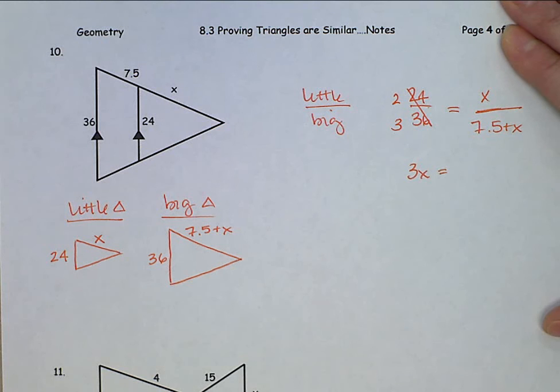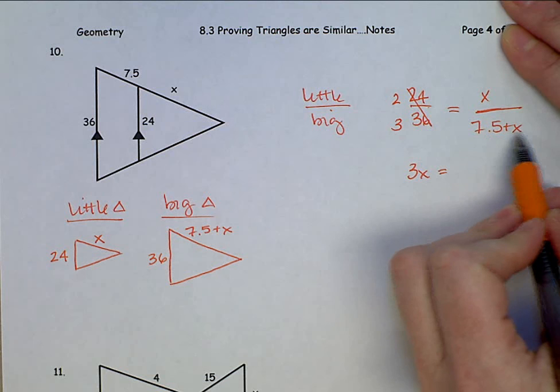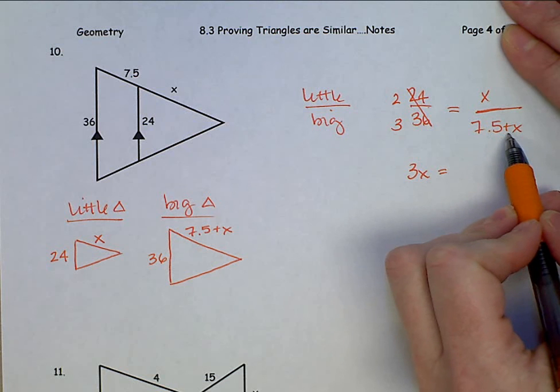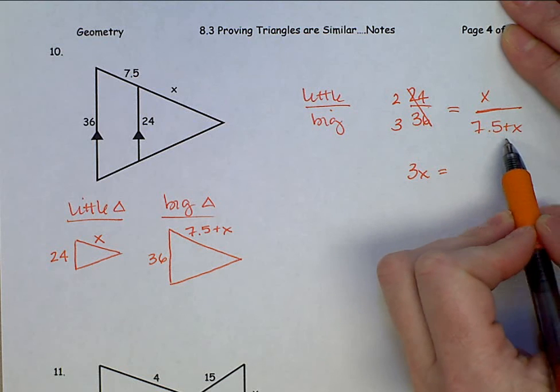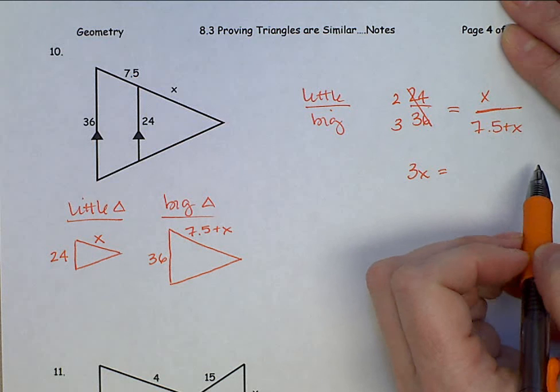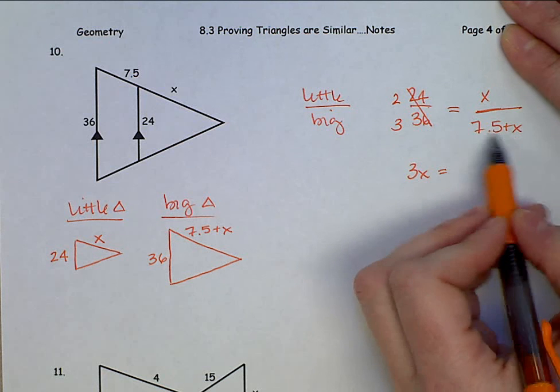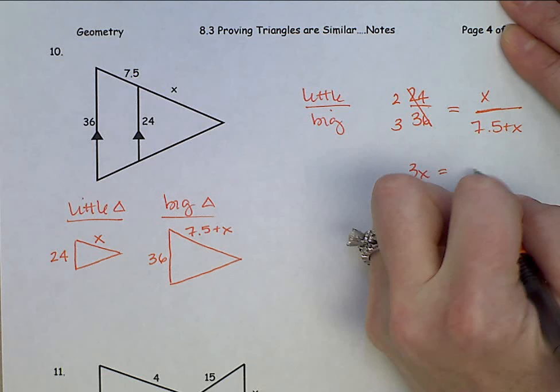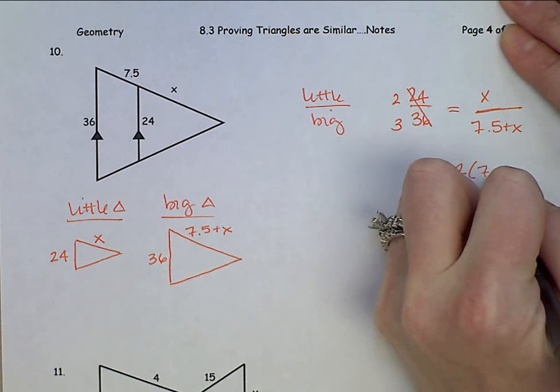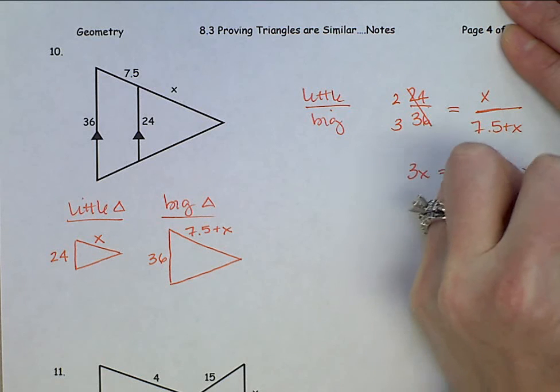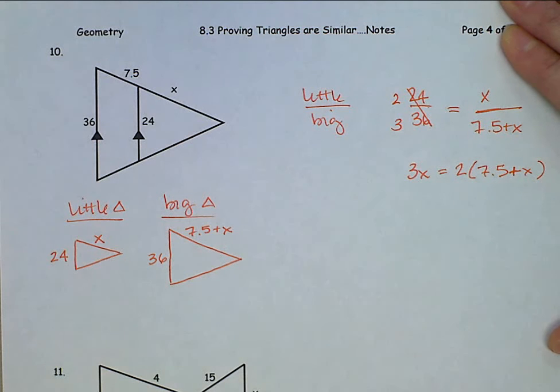When you're cross multiplying and you have two terms on the bottom, meaning there's an addition sign and it's not just an x or a number, you have to make sure that you're putting the parentheses around this guy. So it's 2 times this whole thing. So 2 times 7.5 plus the x.